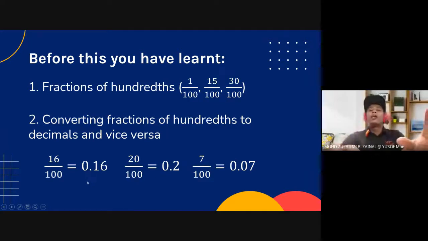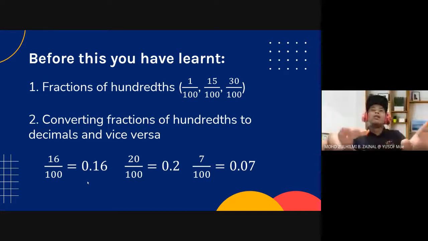Once the numbers come after the decimal point, we have to say them number by one: 0.16, 0.2, 0.07, 0.81, 0.11, for example. Bukan zero point eleven. Jangan salah.